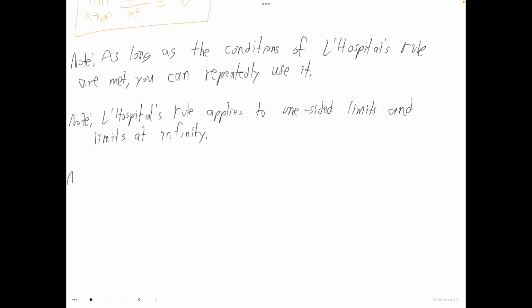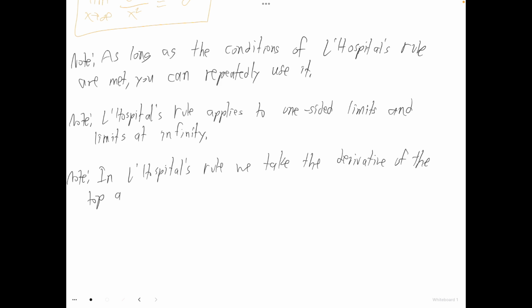And then the last note I want to make is that in L'Hopital's rule, we take the derivative of the top and bottom separately. Now, we just did two examples of that, so hopefully that makes sense.